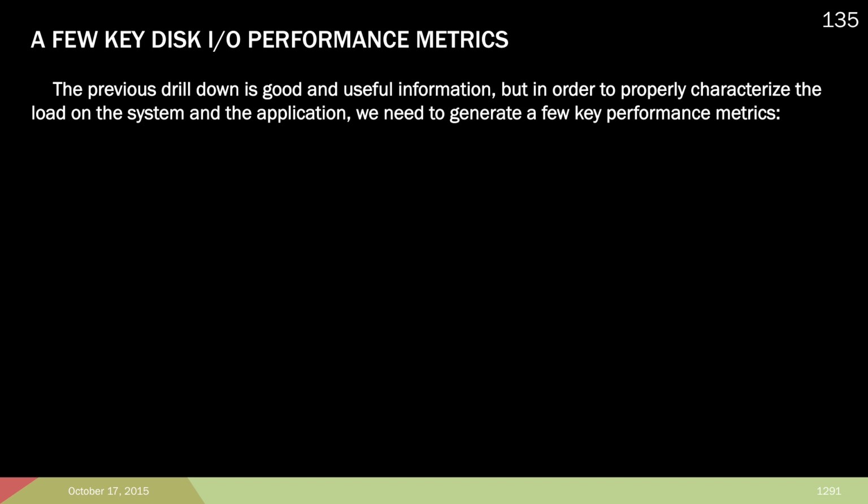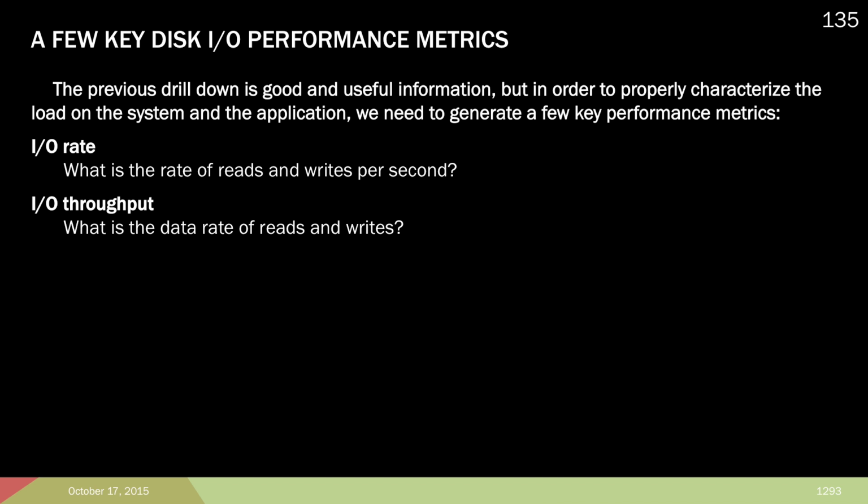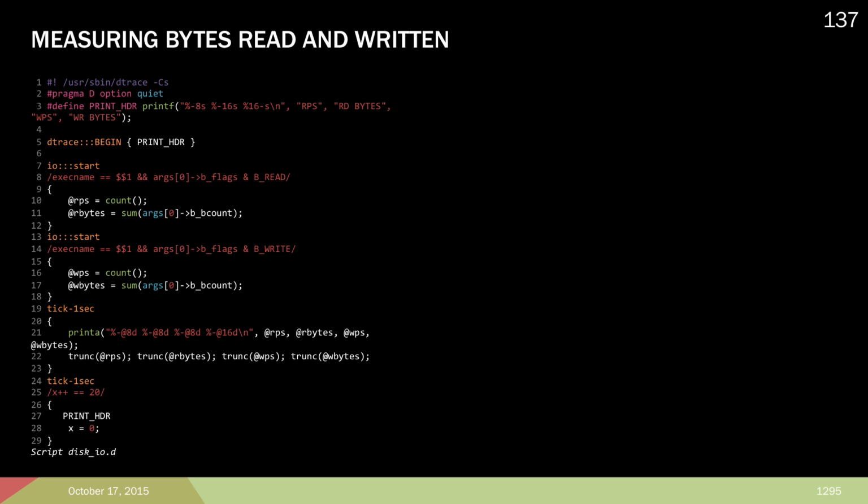The previous drill down is good and useful information, but in order to properly characterize the load on the system and the application, we need to generate a few key performance metrics. I/O rate. What is the rate of reads and writes per second? I/O throughput. What is the data rate of reads and writes? I/O latency. How long are the disk reads and writes taking?